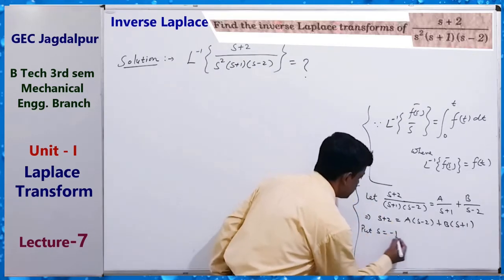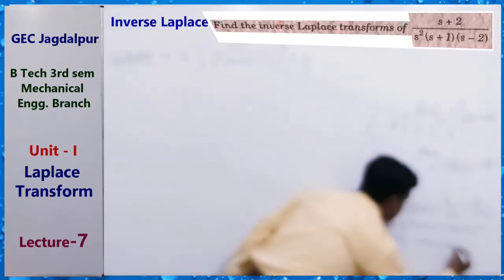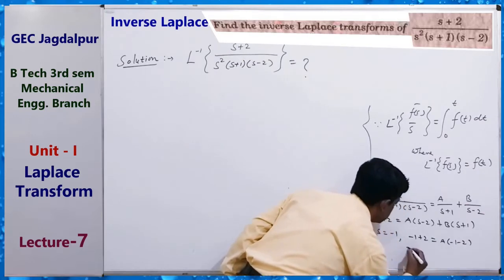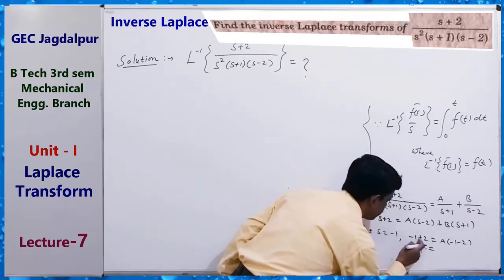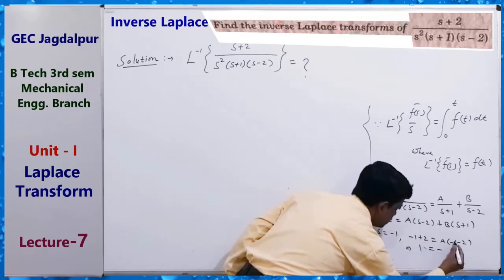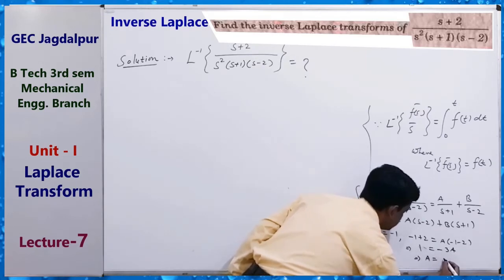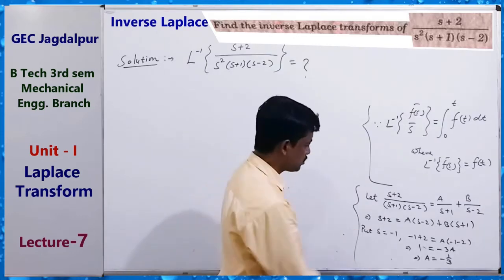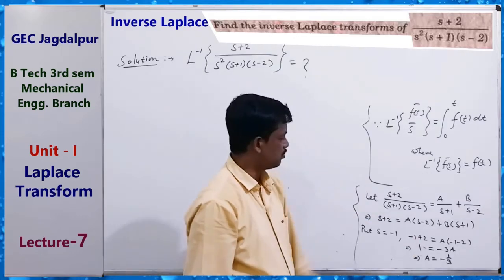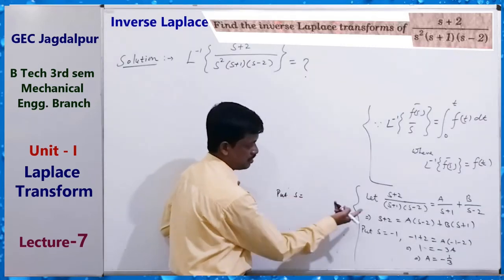So minus 1 plus 2 equals a into minus 1 minus 2. That is, 1 equals minus 3a, which implies a equals minus 1 by 3. Similarly, you can put s equals what?